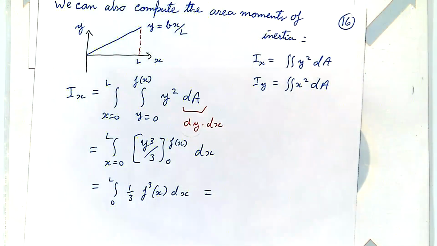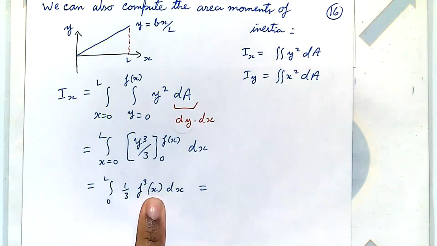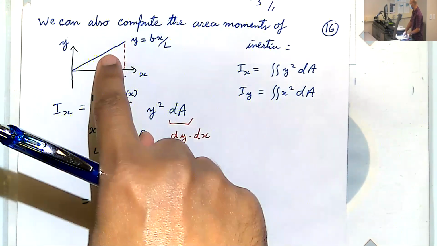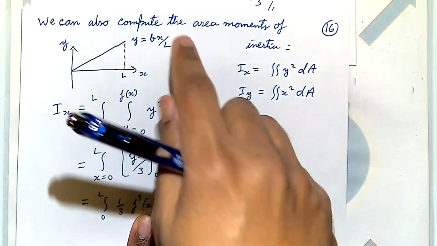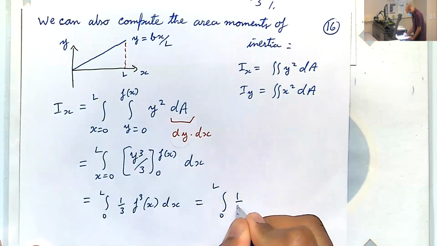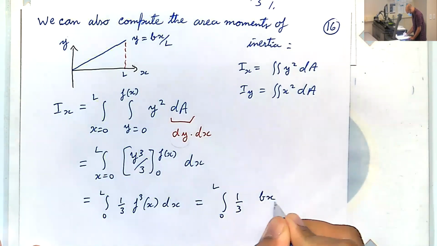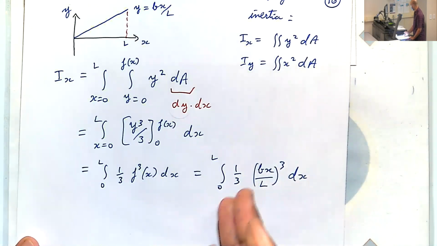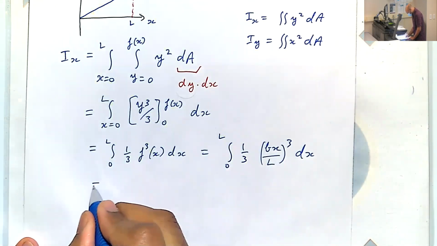Replace f cubed of x with bx over L cubed. Yeah, exactly. So f of x, we know for this problem looks like bx over L. So we replace that: 0 to L, 1/3 of bx over L, whole cubed, dx. And we see everything is a constant except for x. So this is easy to integrate.